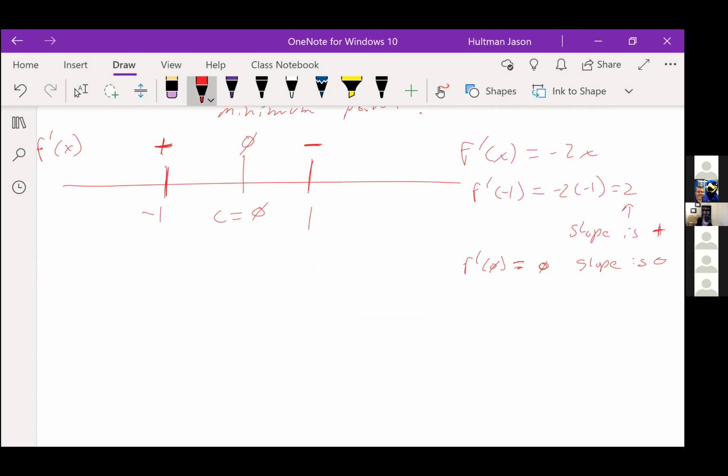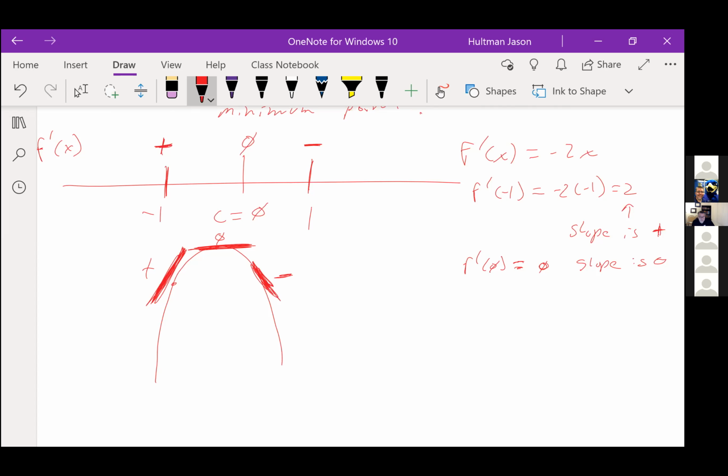Now, what shape does that? It's this shape here, where if I'm at -1, I'm a positive slope. When I'm at 0, I'm at 0 slope. And when I'm at positive 1, I'm at a negative slope.